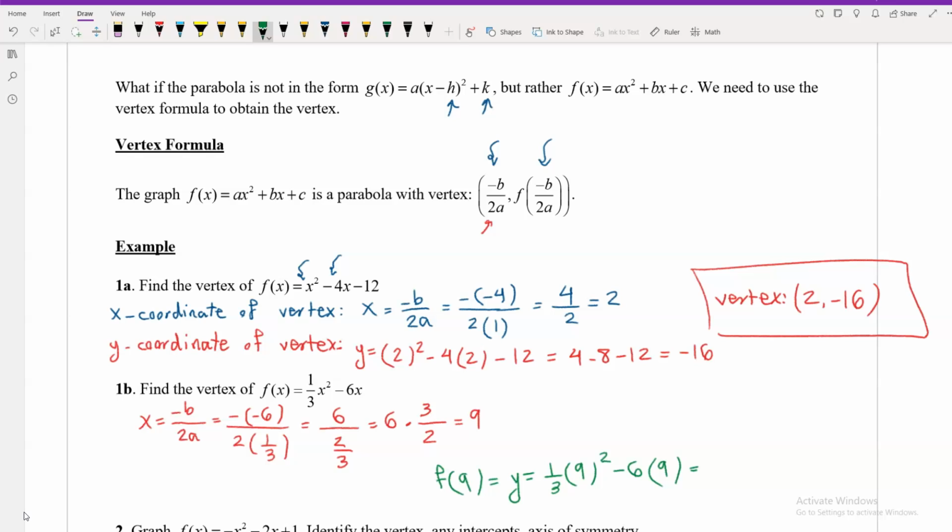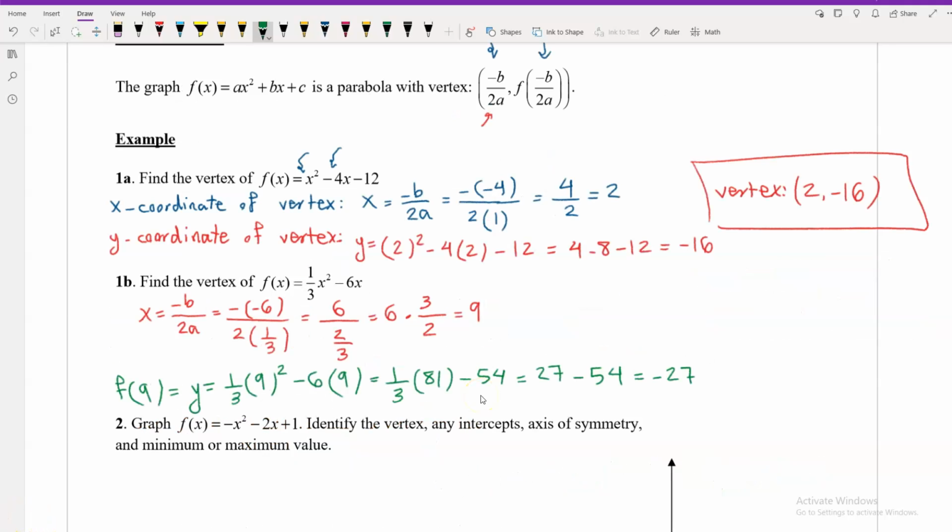So this is 1/3 times 81 minus 54. And that is equal to 27 minus 54. So the answer is negative 27. And based on that, the vertex is 9, negative 27.